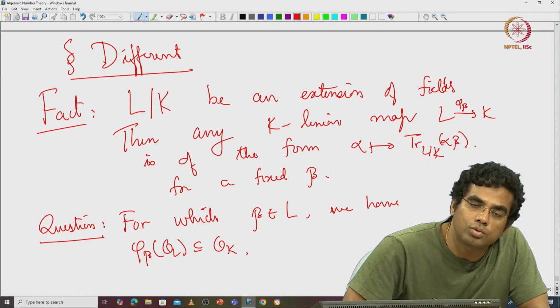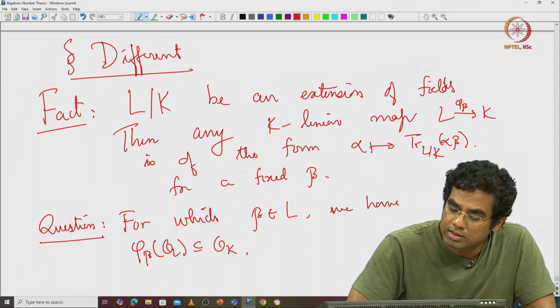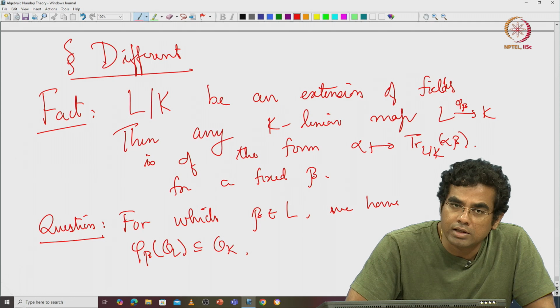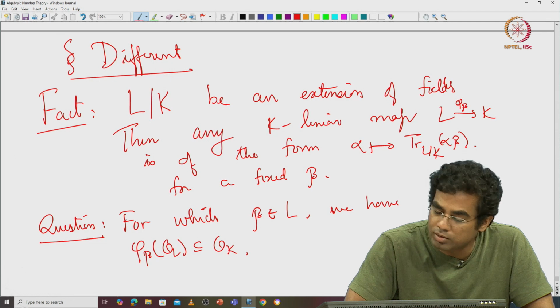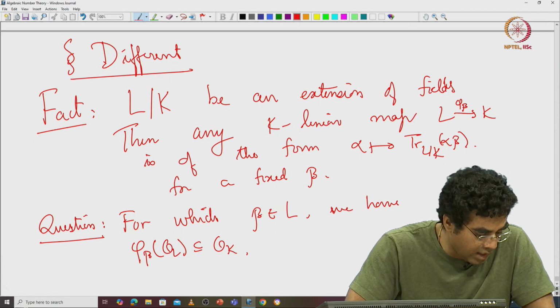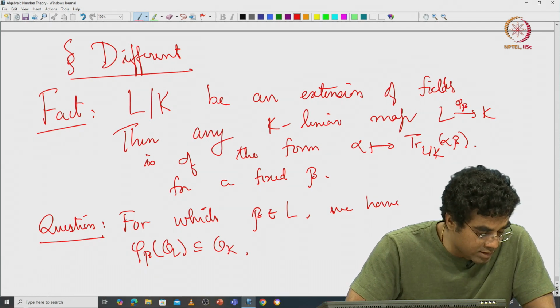After all, these two are important lattices, one in L and one in K, and we can ask when this linear map takes one lattice into the other lattice.